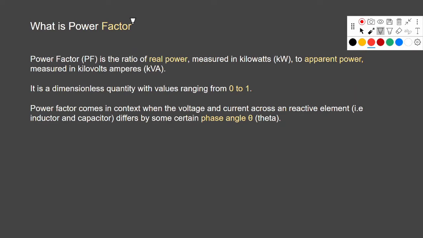First things first, what is a power factor? Power factor is nothing but the measure of efficiency in electrical systems. In this world, nothing is 100% efficient. We always try to measure the efficiency of any system.